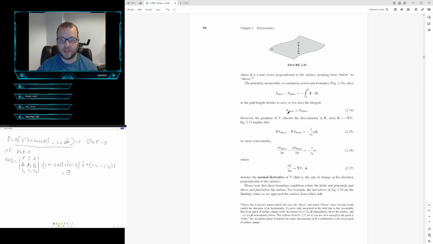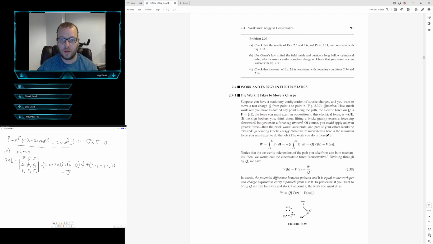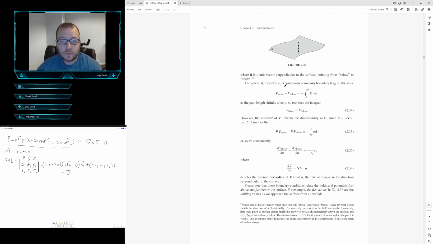We can solve the same for potentials. We can see that the potential is continuous across any boundary. As this path shrinks to 0, we just have the potential above equals the potential below.